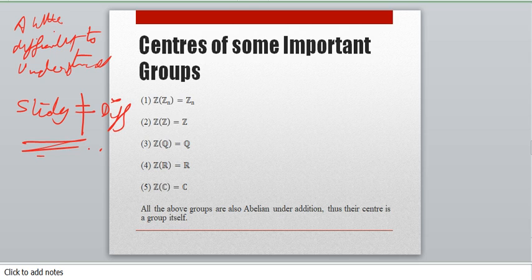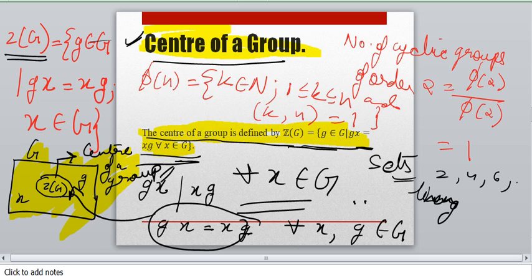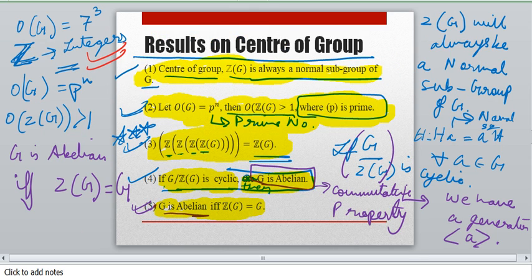So students, today's topic, we are going to talk about the centers of some important groups. If you remember, in the previous video we spoke about the center of a group, and we also spoke about some results on the center of a group.